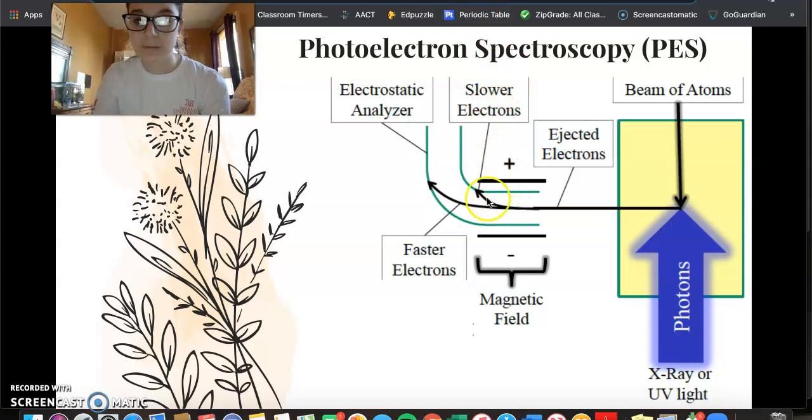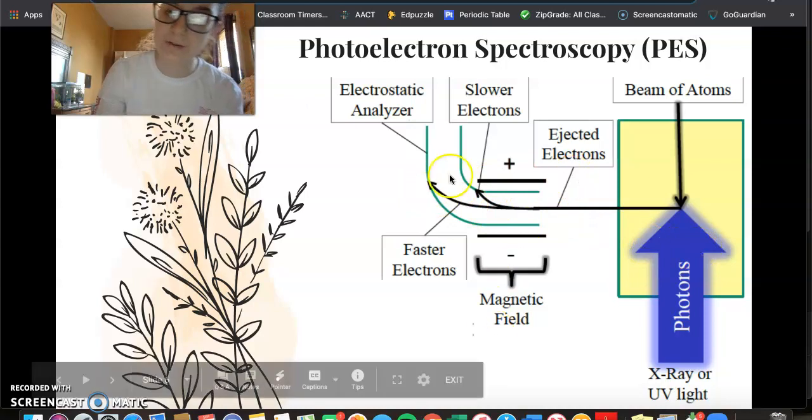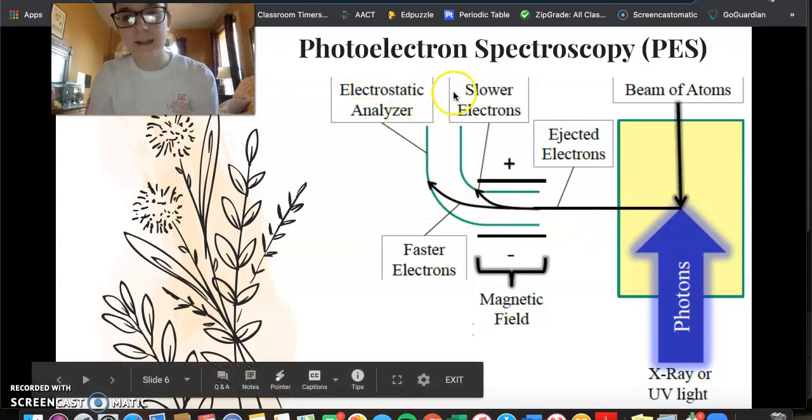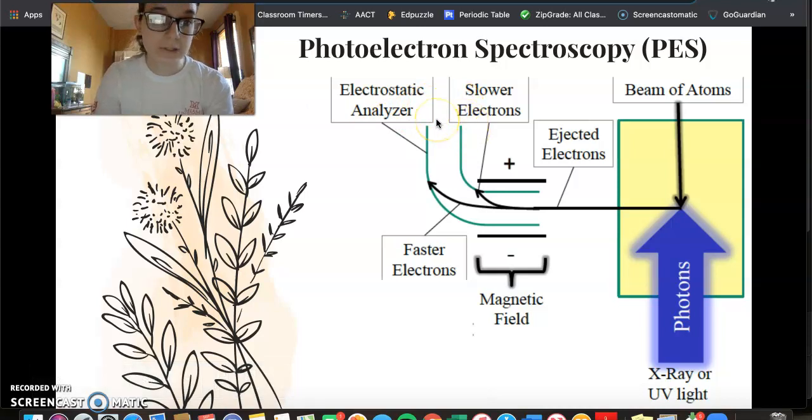Slower electrons will be more attracted, so they will curve more, and faster electrons will be moved less because they are moving so fast through the field. Then there's an analyzer over here that determines the location at which the electron strikes. That location can be used to figure out the energy of the electron.